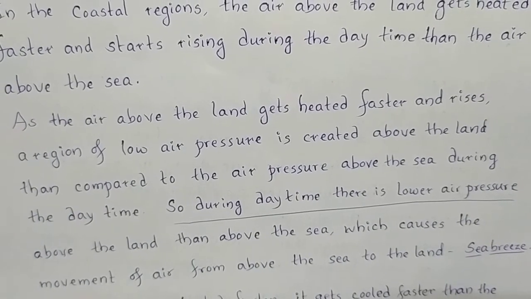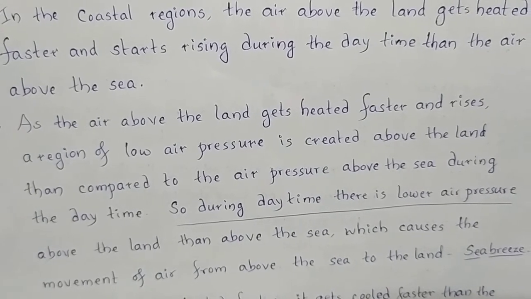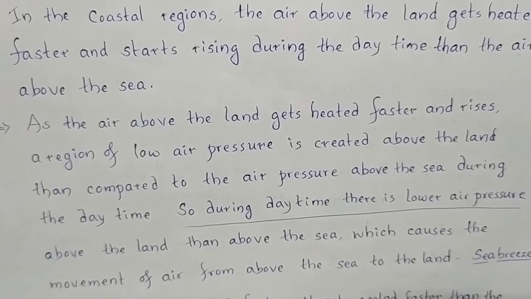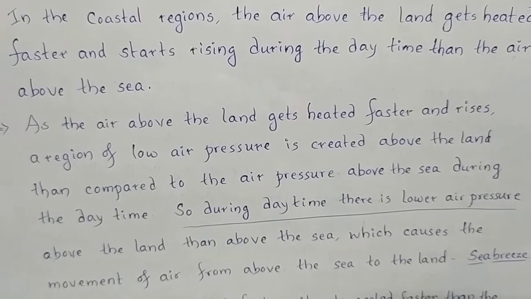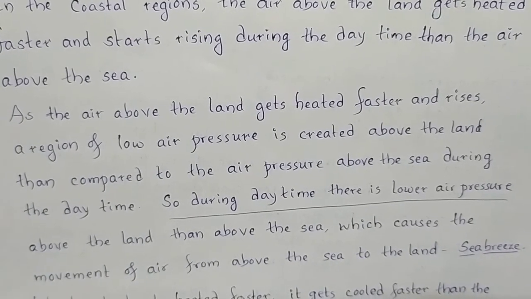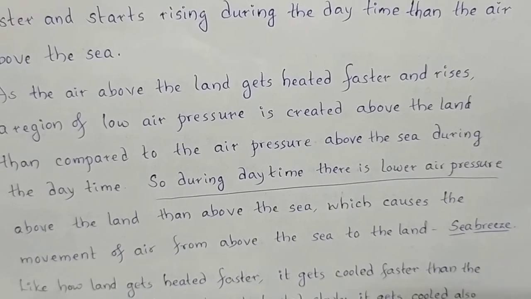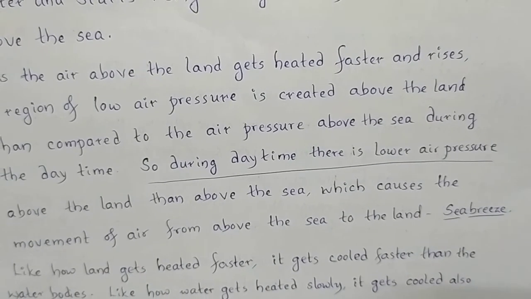So, the air pressure above the land during the daytime is what? Lesser than the air pressure above the sea. So during daytime, there is lower air pressure above the land than above the sea. This causes the movement of air from above the sea to the land.